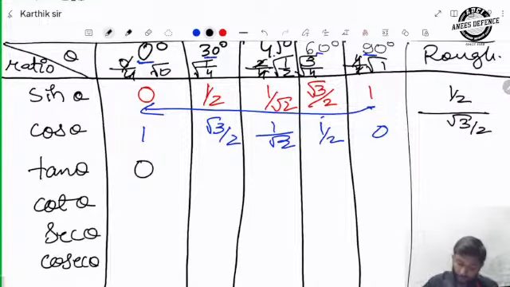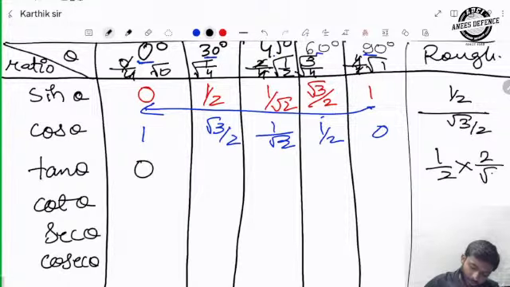Now how to do it? The numerator will remain as it is and the denominator will be reciprocal. So cut. The value is 1 by root 3. Getting my point? Okay, let's keep it like that.